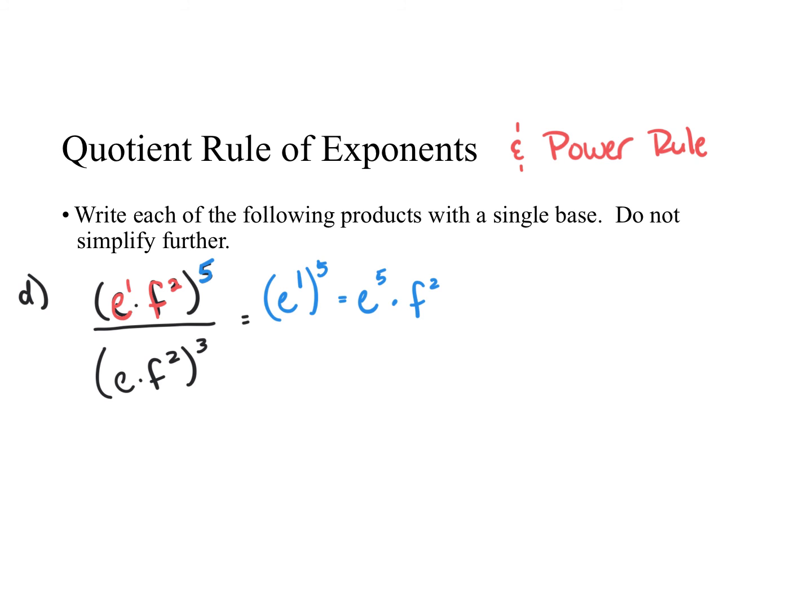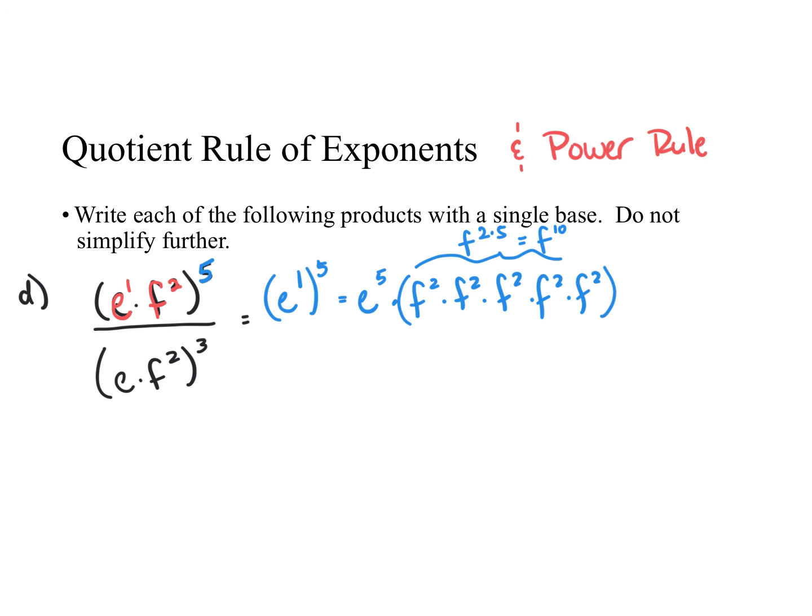And then you've got f to the 2nd power 5 times, which hopefully you would all agree is the same as f to the 2nd times 5 power, which is f to the 10th power, right?